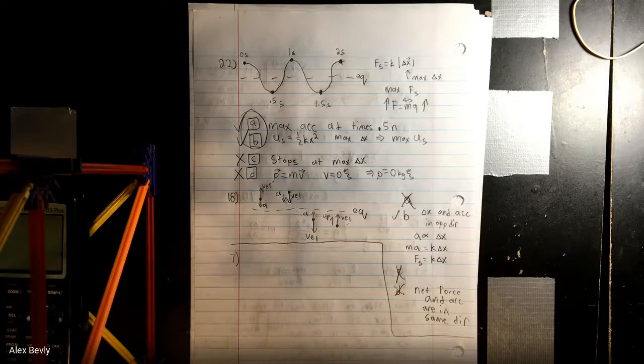Yeah, this is a weird question. How are we going to get acceleration from this? I really don't like this question for a physics 1 class, but you never know what they're going to ask you.